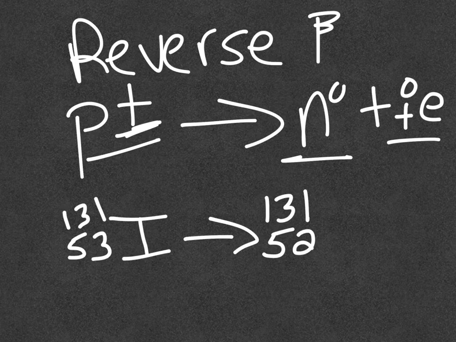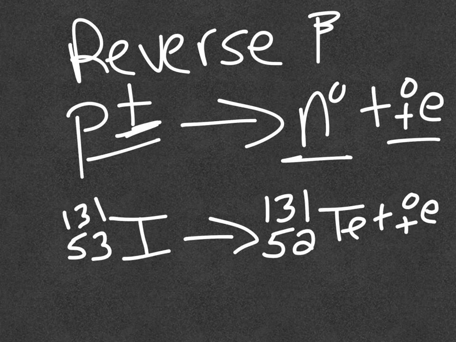I look at my periodic table, and number 52 is tellurium. The last thing then is the release of that little positron. Both sides still match up. 131 plus 0 is 131. 53, 52 plus 1 is 53. So your reverse beta decay, your mass will stay the same, but your atomic number is going to go down by 1.